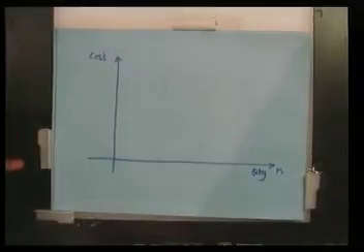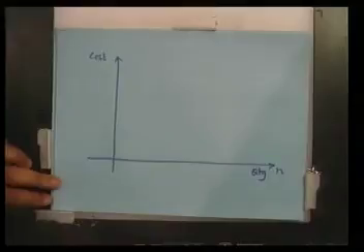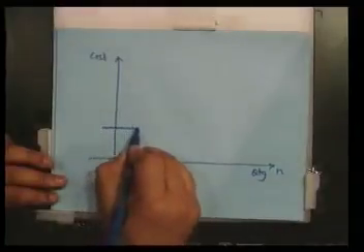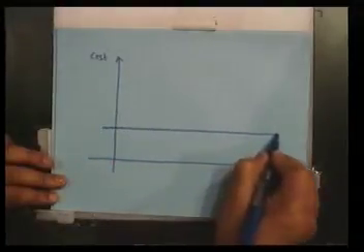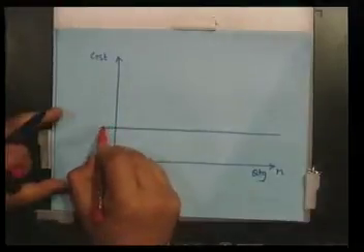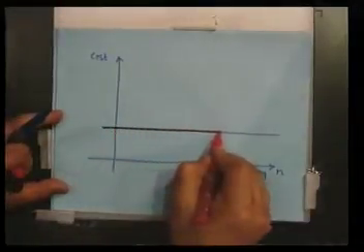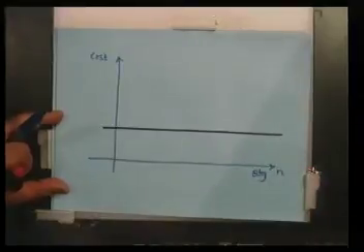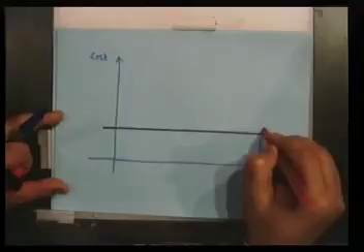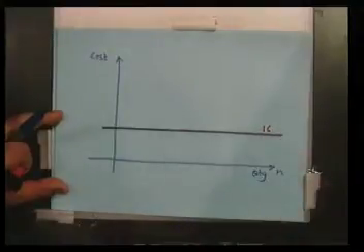Indirect cost is fixed, that is how we defined it. It does not depend on the number of units produced. So, you will find that it will be of this form. It will be like this. So, this corresponds to my indirect cost IC.